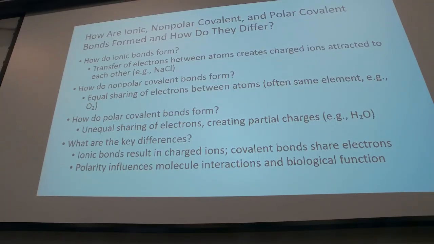And these ions are subdivided into two. The ion that has a positive charge is going to be a cation. The one that has a negative charge is going to be an anion.